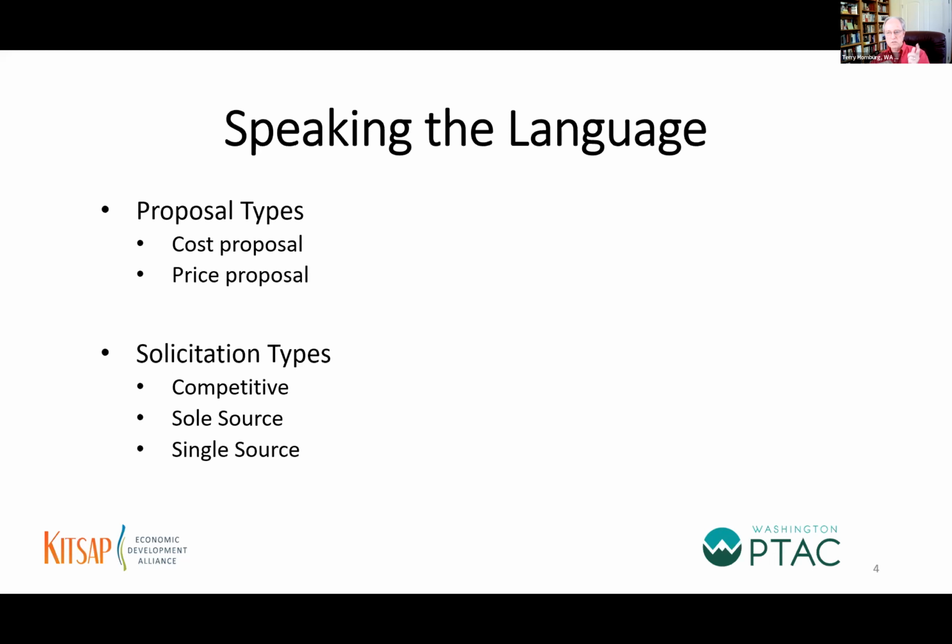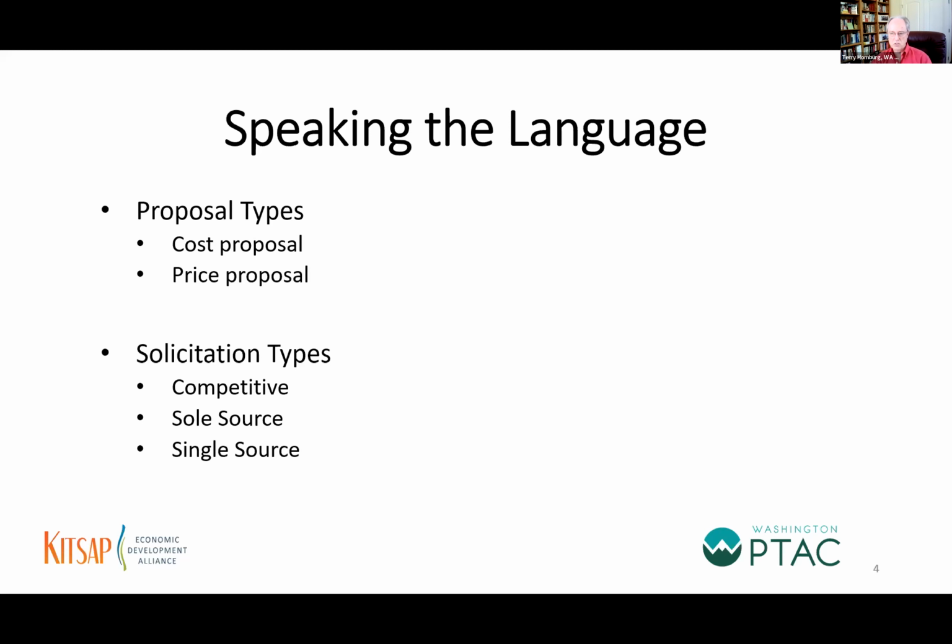Say it's $1.6 million. In some solicitations, they are asking for a price proposal. A price proposal is that $1.6 million. They don't want the rest of your cost proposal. All they're asking for is your price. What is your price for doing what we're asking you to give us a price on? That's a price proposal. Okay, so don't confuse them. They are completely two different things.